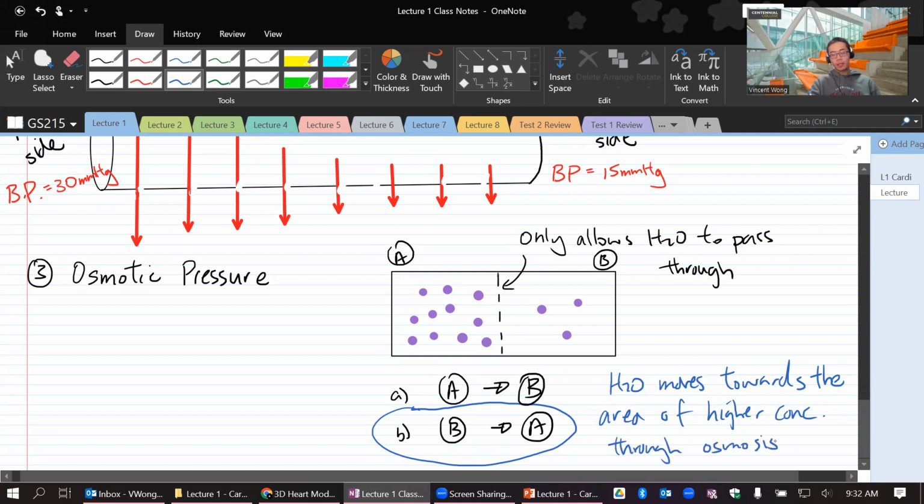osmosis. The best way to visualize this is to imagine, or you can actually try it out if you want, take a spoon of salt and put it in your mouth and hold it there. Don't swallow, just put it in your mouth, and wait to see what happens. You probably can imagine what happens, right?